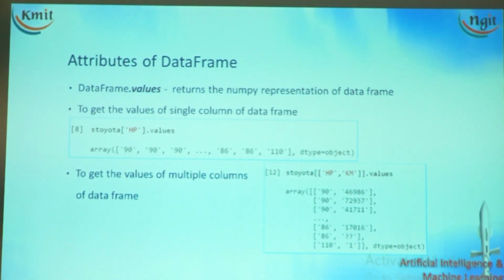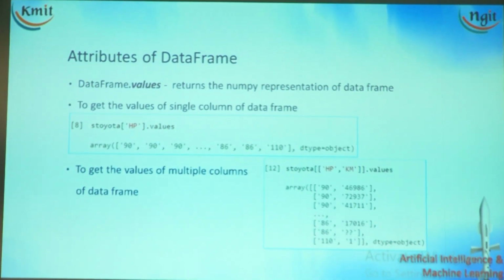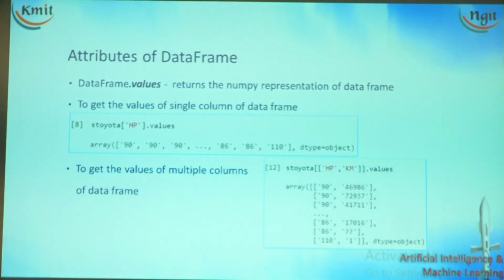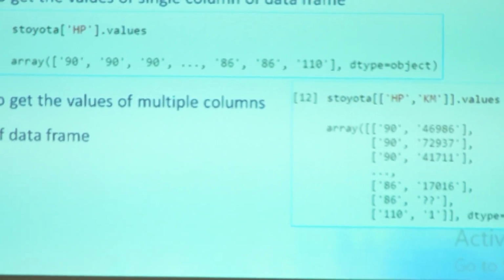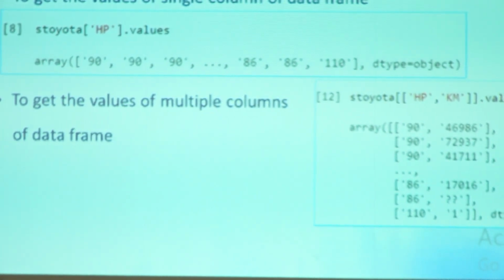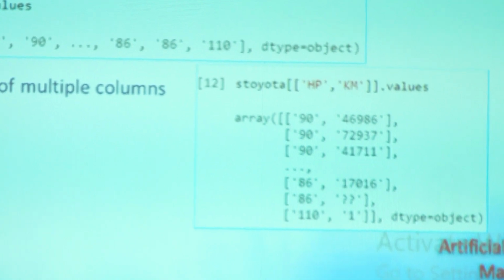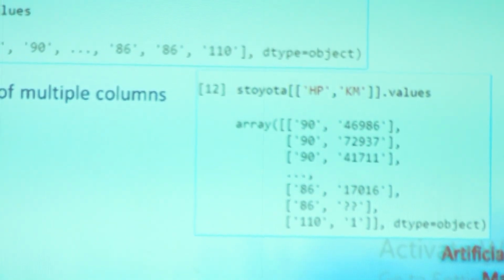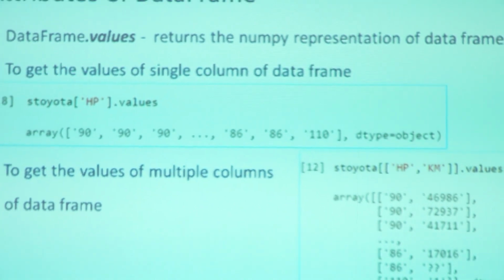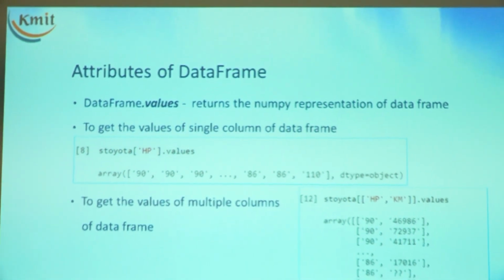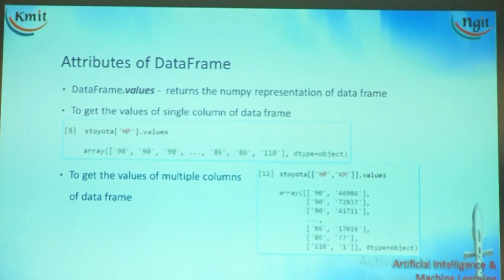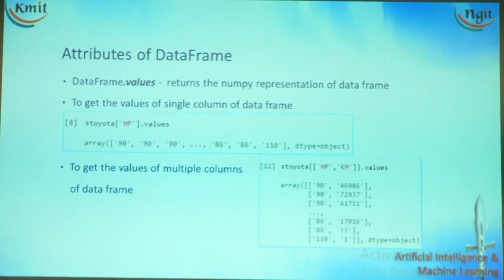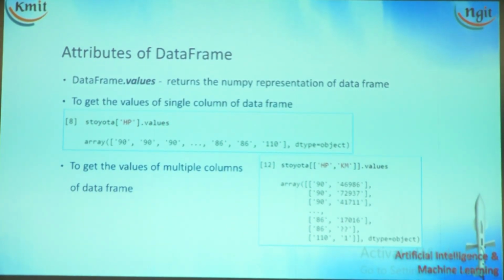If I need only 2 columns out of that huge data set and I want to work with them, that's how you should do it. Now please take HP, kilometer and one more, go for CC. HP, kilometer, CC, and get all the values. Are the last benches working with me? Any doubts? This side everybody is doing? Did you retrieve all the 3 values?